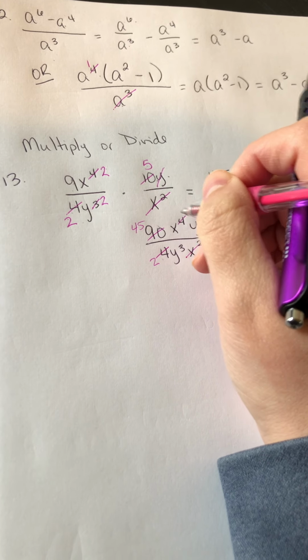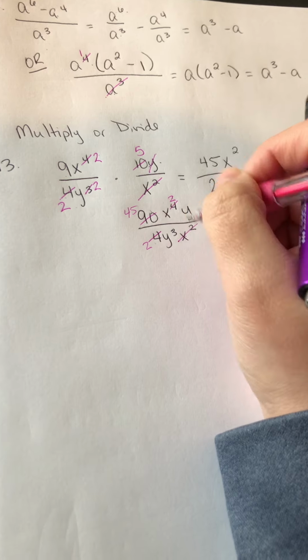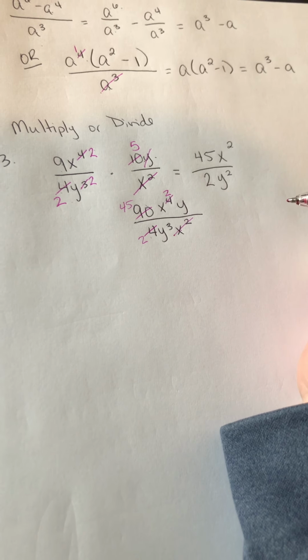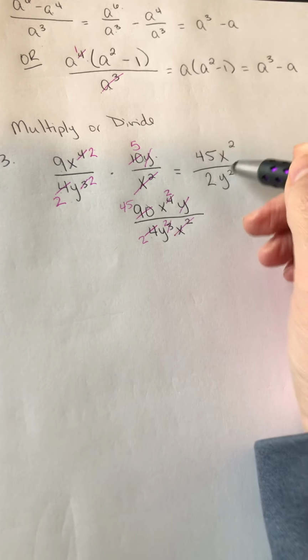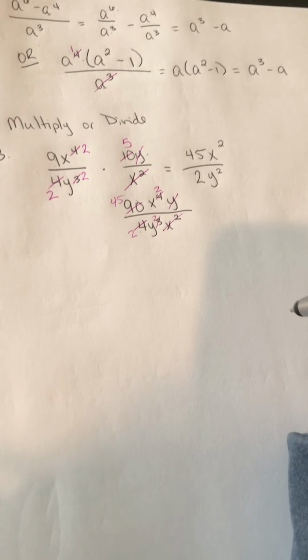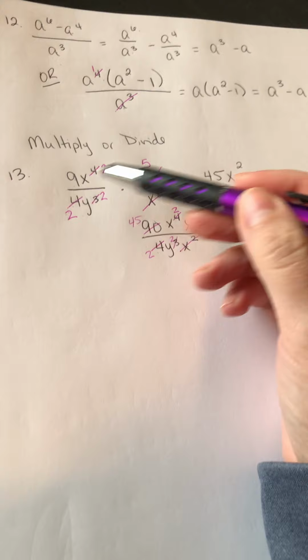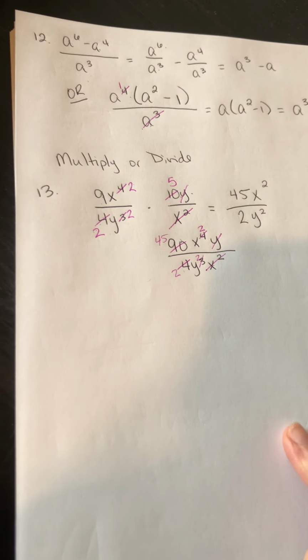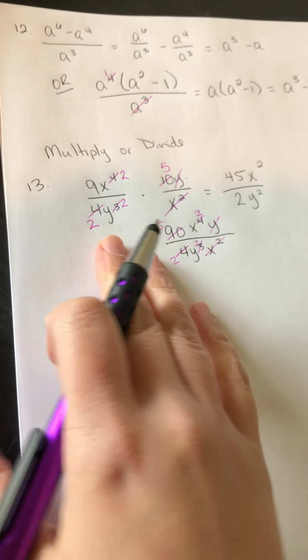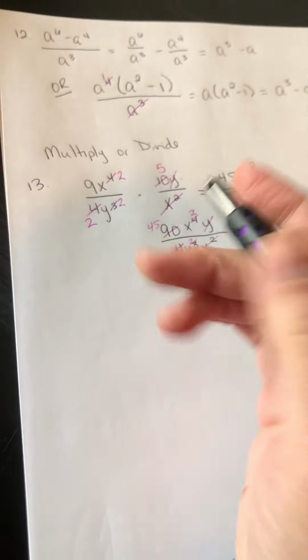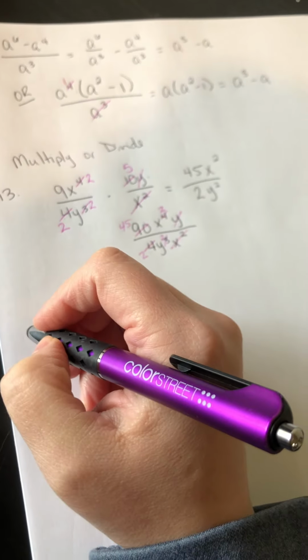X squared goes away in the bottom because 4 minus 2 is 2. You'd have x squared in the top, and then the y makes it y squared on the bottom. So you'd still get the same answer if you multiplied first, but if you simplify first, you're not dealing with quite as big of numbers usually. So remember, simplify vertically or crossways, not horizontally.